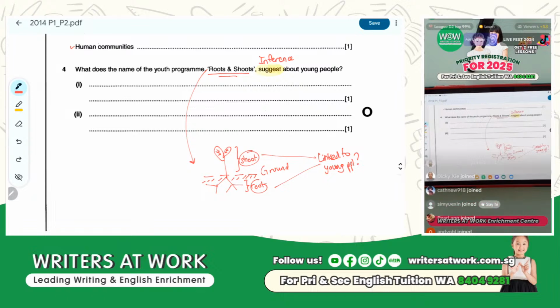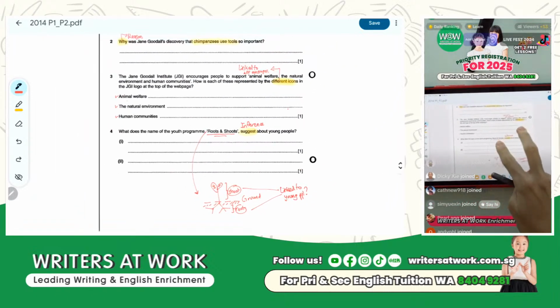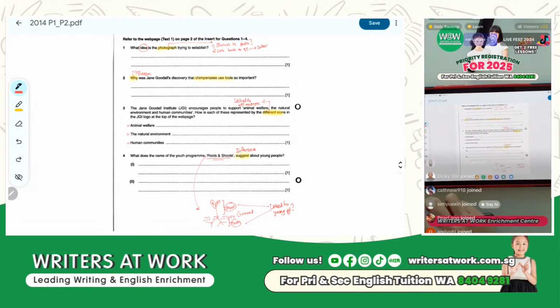I'll just give you some time to look at some annotations that I made for these questions before we move on. If you need me to zoom in on certain parts or elaborate further, do sound out.